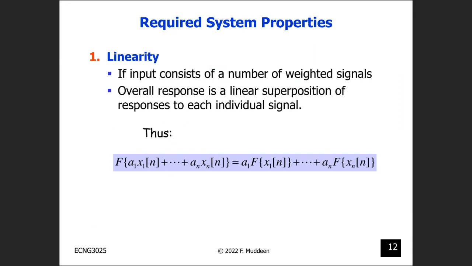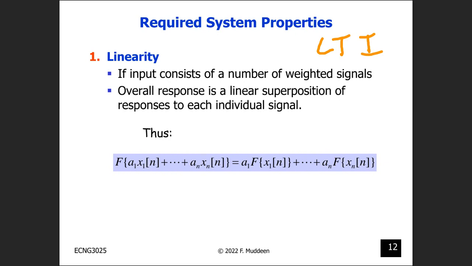Right, so another property. Remember in signals and systems, we kept stressing this thing about linear time invariant. Same thing applies here. Linearity means that we can add up the individual responses to get the full response coming out.